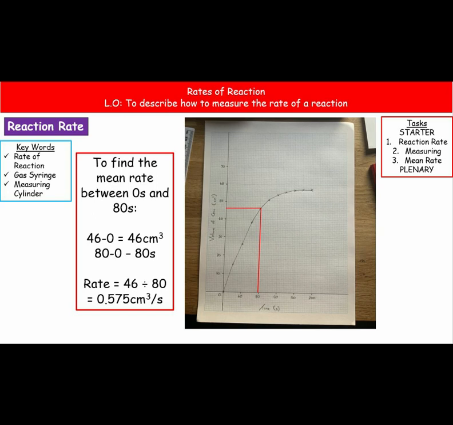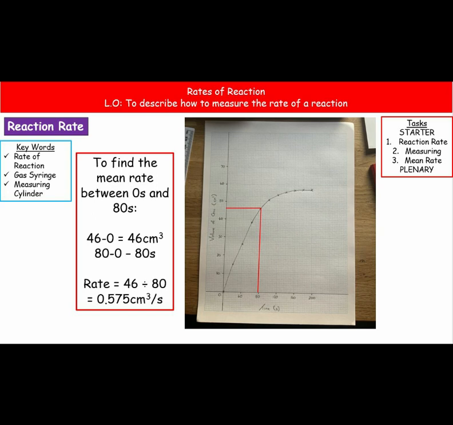So 0 is obviously in the bottom left corner, so that's just our 0 point, and then we need to find 80 seconds. Now, from 80 seconds, we're going to use a ruler and a pencil to draw a nice straight line going up to the actual curve that we've got.